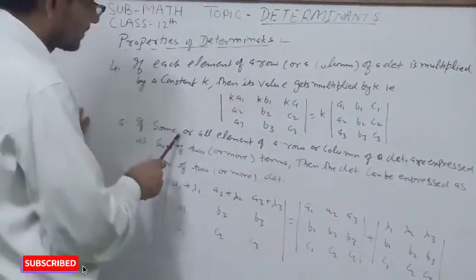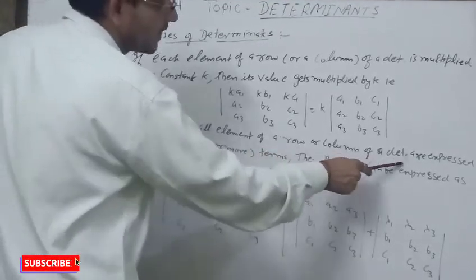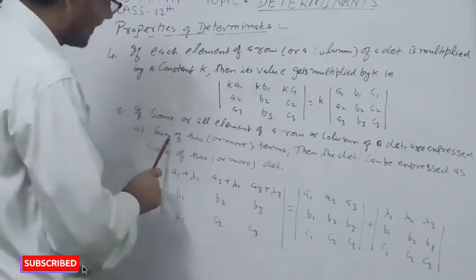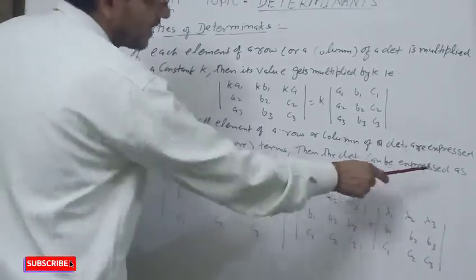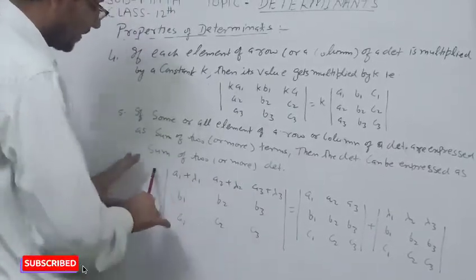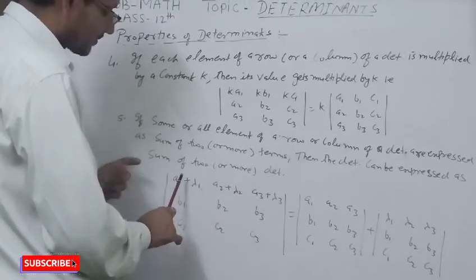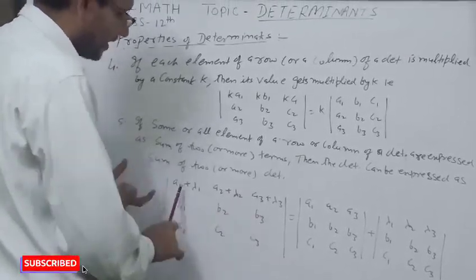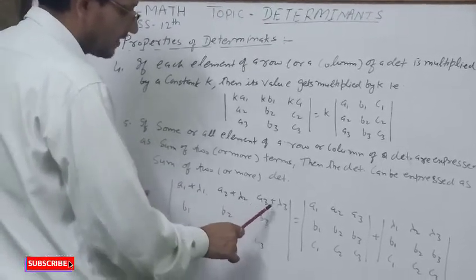Next, if each element of a row or column of a determinant is expressed as the sum of two or more terms, then the determinant can be expressed as the sum of two or more determinants. Now, we have a determinant whose R1 elements are the sum of two terms, like this: A1 plus lambda 1, A2 plus lambda 2, A3 plus lambda 3.